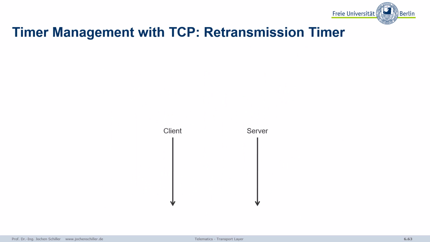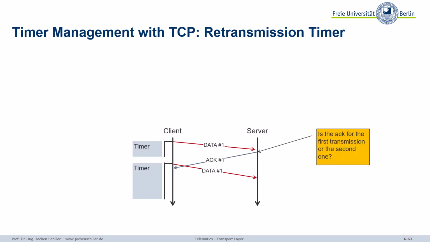Okay, so how does it work? All this retransmission, just an example. If we transmit data, as shown here, you start your timer and transmit data, and you see, well, the timer was too short.